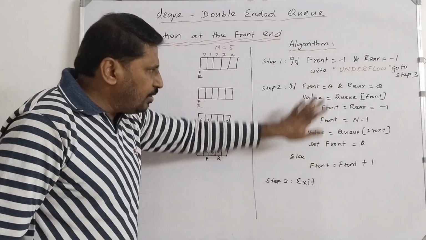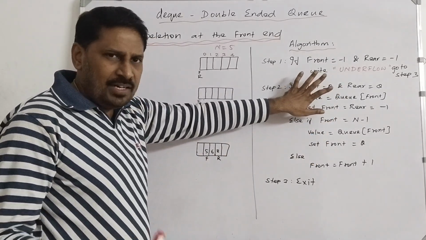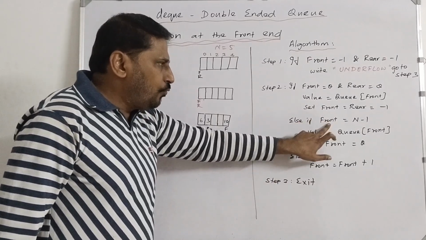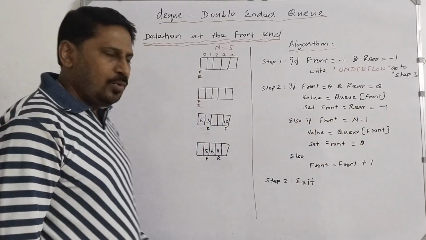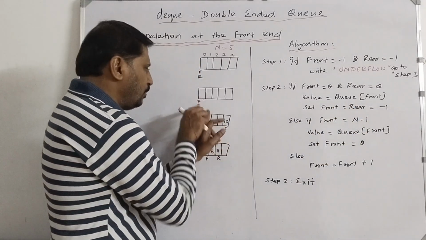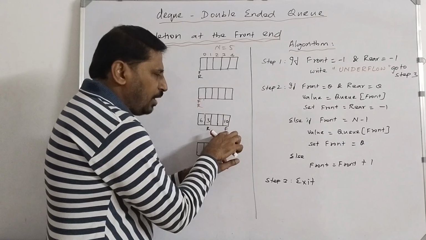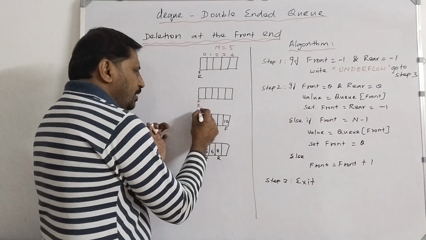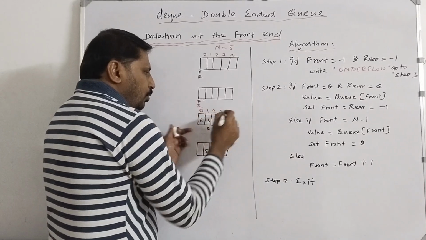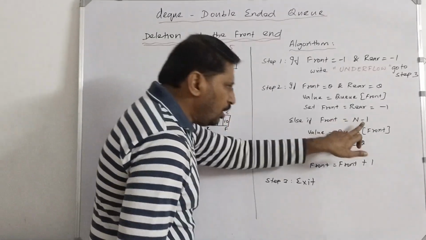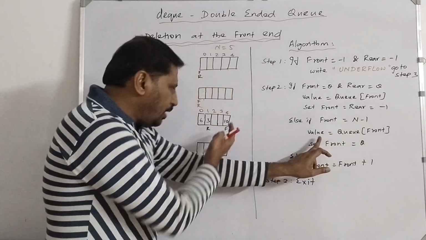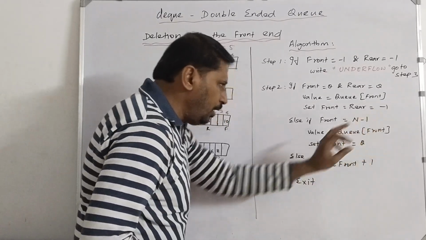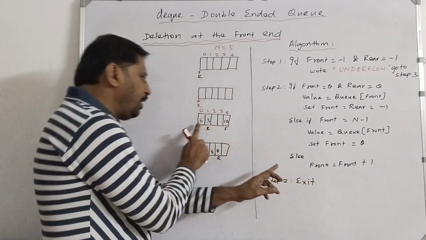The second case is, suppose the first case is not satisfied, we come to the second case: else if front equal to n-1. Front equal to n-1 means it is in the last position. n-1 is 0, 1, 2, 3, 4, the fourth position. If it is n-1, we take the value according to the front pointer, value equal to q of front. After that, set front equal to 0.